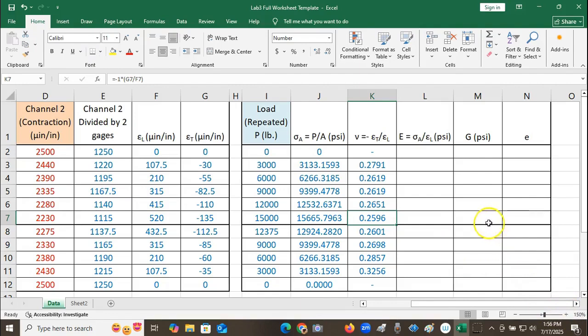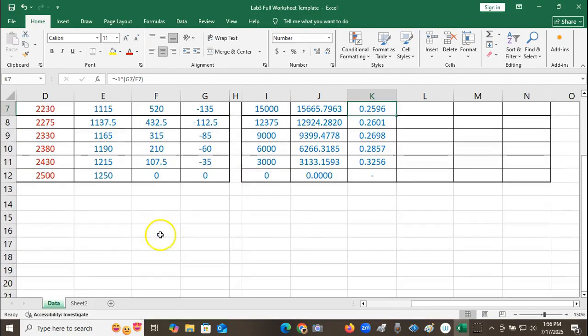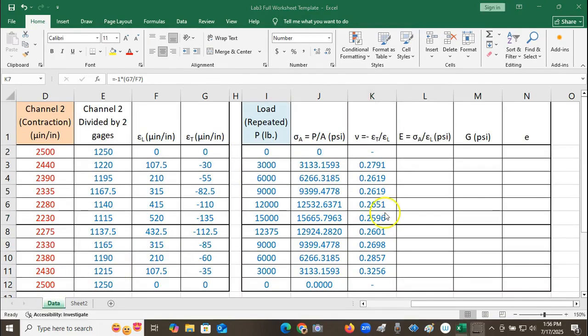You see that Poisson's ratio here is about 0.27. Now some of these numbers seem a little weird. 0.32, that seems a little high, but notice that most of them are about in the 0.26, 0.27 range.